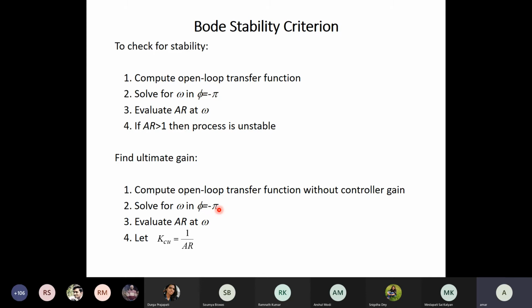Similarly, since I can calculate the crossover frequency, I can calculate the ultimate period also from this crossover frequency, which will be 2 pi by omega.